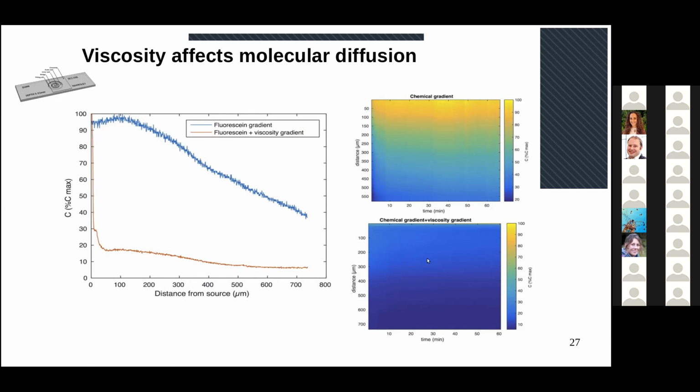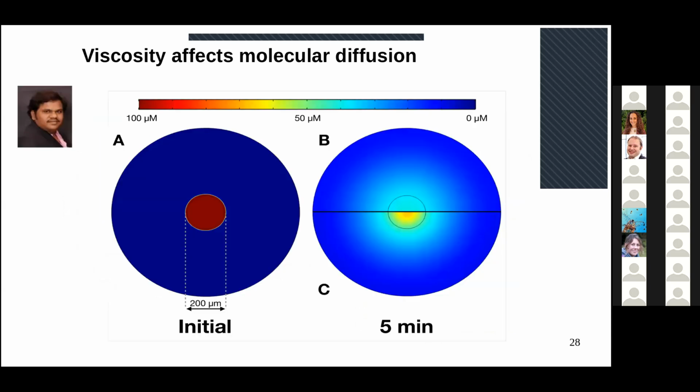So it's not only that the gradients are steeper, it's also that the gradients are much longer lived. And this can be very important when you think about how bacteria are going to track these gradients in the ocean.